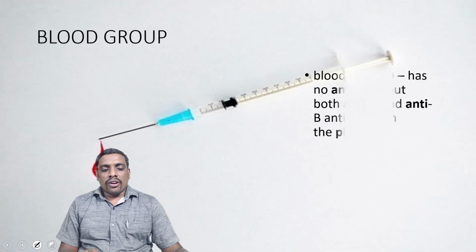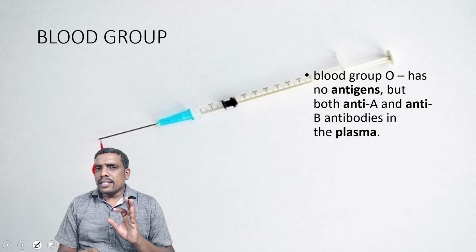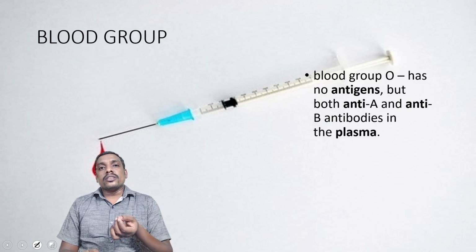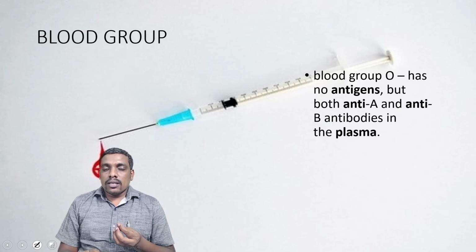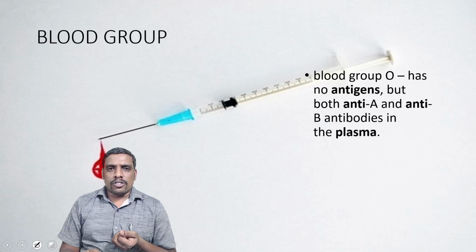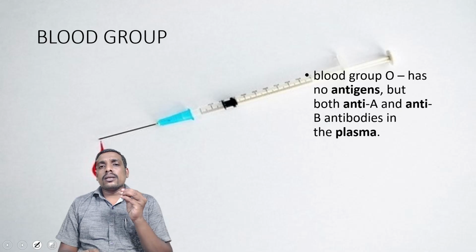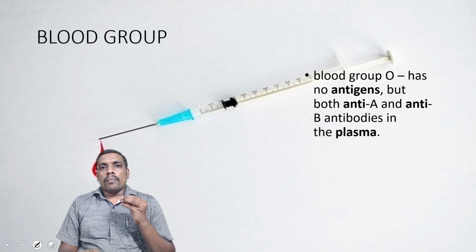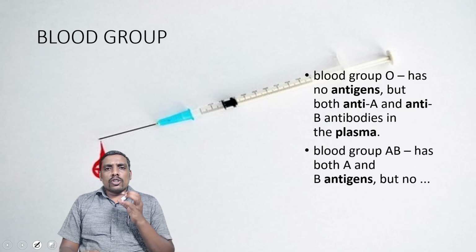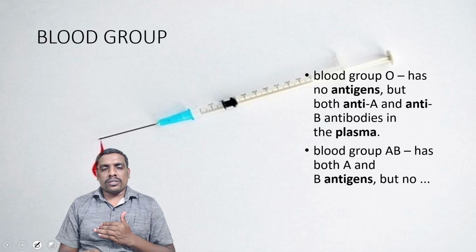Now, if you see blood group O, they do not have any antigens on their RBC, but they do have antibodies in their plasma. So O group blood persons, whether O negative or O positive, can donate blood to anyone, with some exceptions. Blood group AB has both A and B antigens but no antibodies.